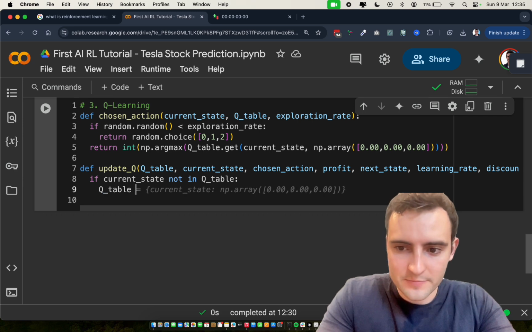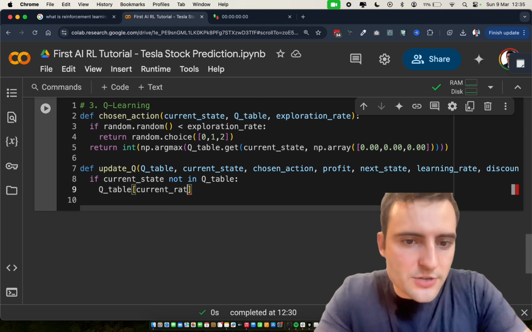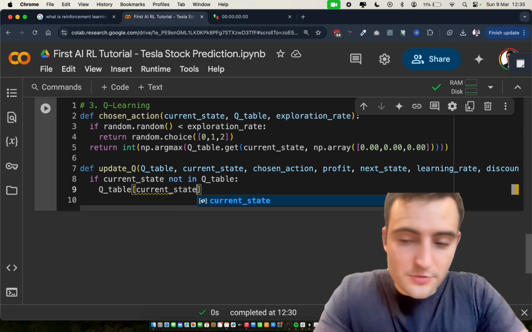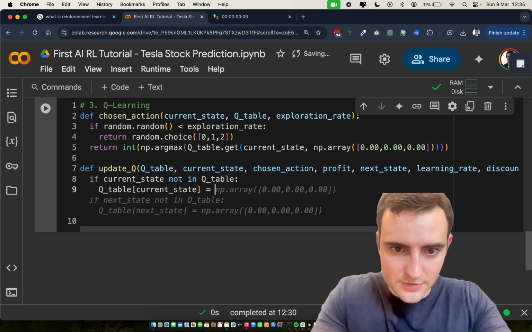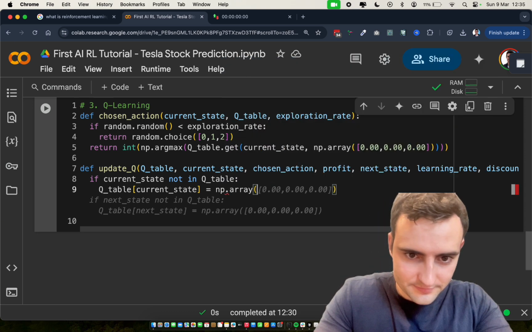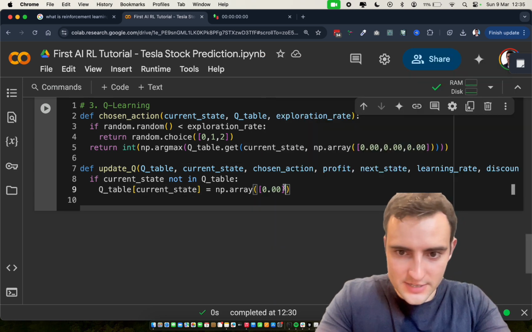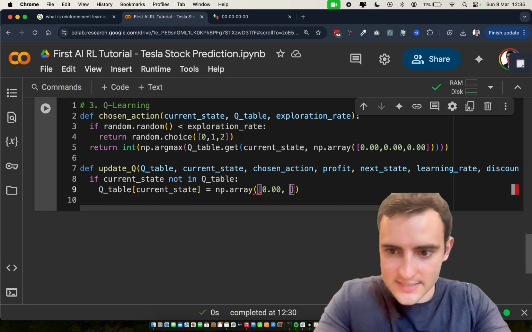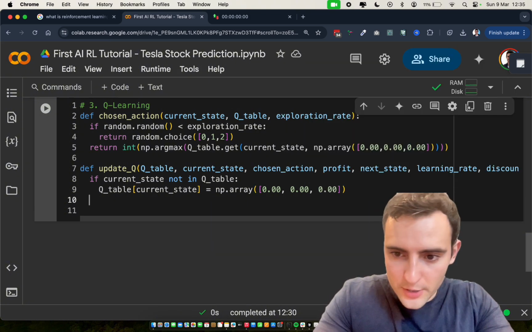So we write Q table current state. No, actually, so what do we do if it's not in the table? What we do is that we just initialize it with nothing in it. So we do np.array 0.00, and we write this 3 times. And these are the 3 different states. So that's what we do if we haven't seen it before.